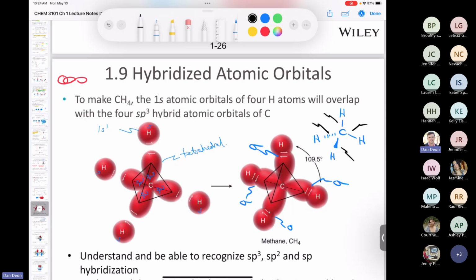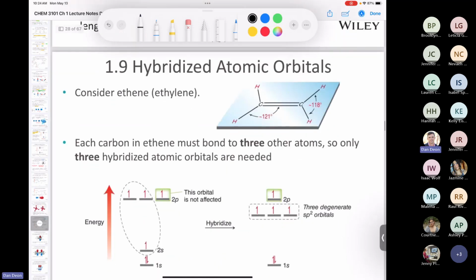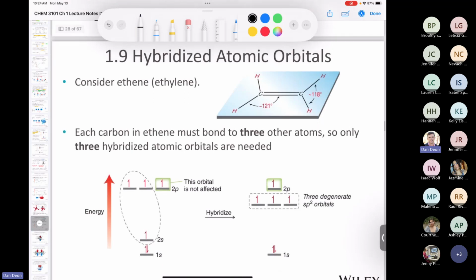Now, how do we recognize carbon as being sp2 or sp hybridized? Well, in that case, we look at the total steric number. If you don't remember the concept of steric number, the way that we calculate it is that a single bond contributes a steric number of 1, a double bond contributes 1, a triple bond contributes 1, and a lone pair contributes 1.